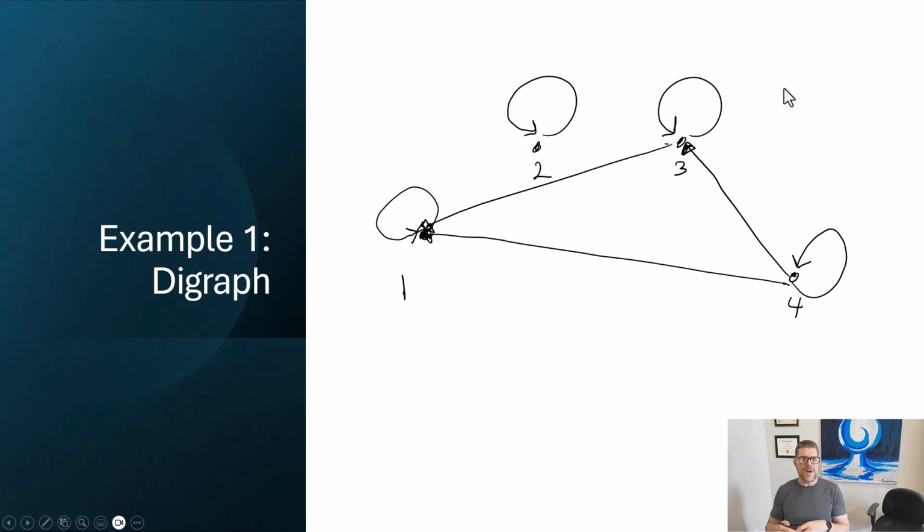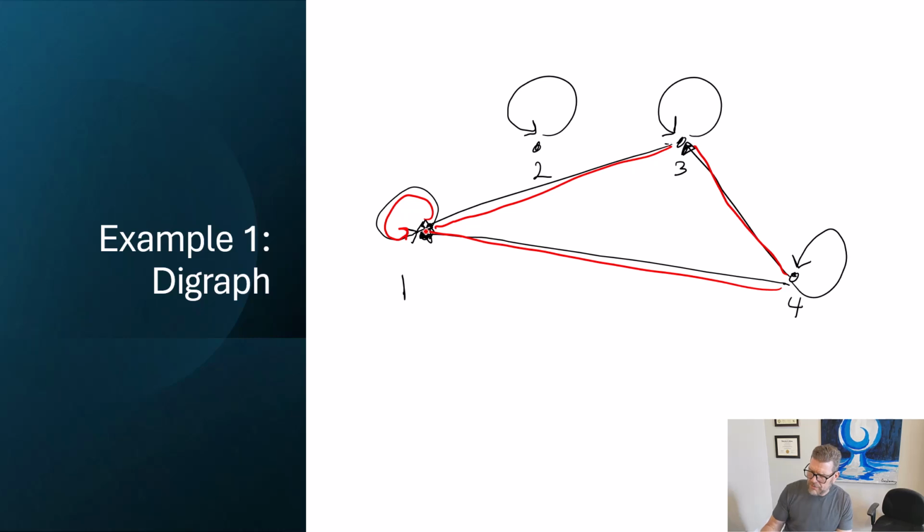Looking at this, let's say we have this particular digraph with the four vertices 1, 2, 3, and 4. You'll notice that each one of them has a self-loop: 1 to 1, 2 to 2, 3 to 3, 4 to 4. Then we can see that if we go from 4 to 3 and 3 to 1, we're also going to have one that goes from 4 to 1. And that's transitivity.